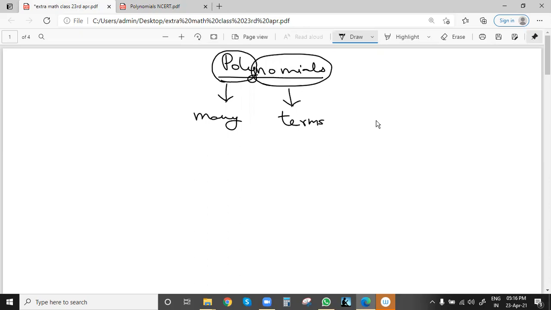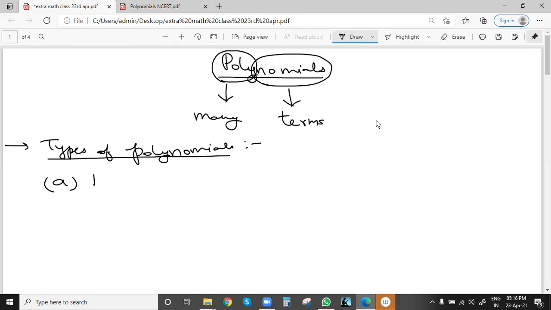Now, types of polynomials. They are divided based on the number of terms.